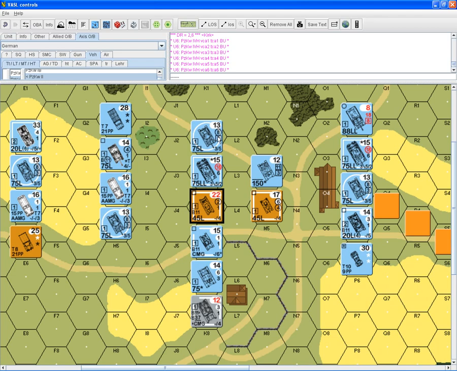The numbers along the right hand side, the top number represents its front armor factor for its hull. If it's encased in a circle, that means its upper aspect or turret will be lower. If it's encased in a square, that means its upper aspect or turret will be the next armor higher.